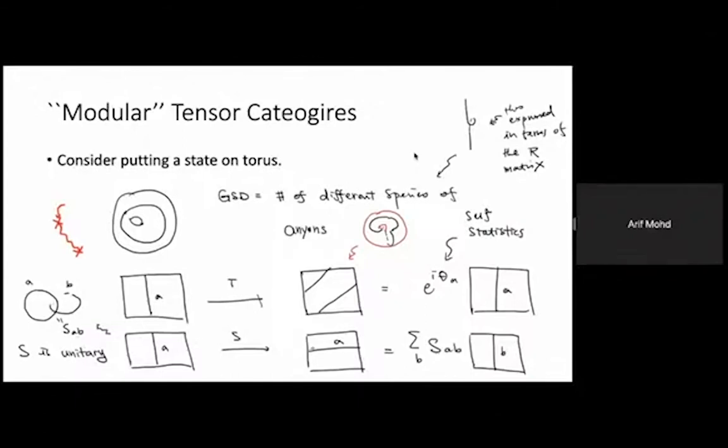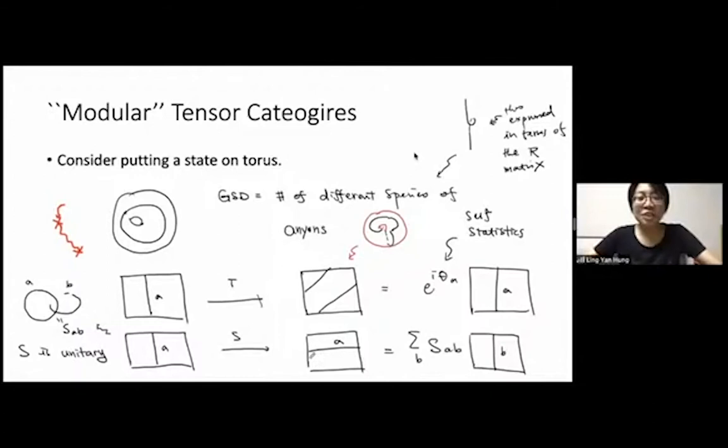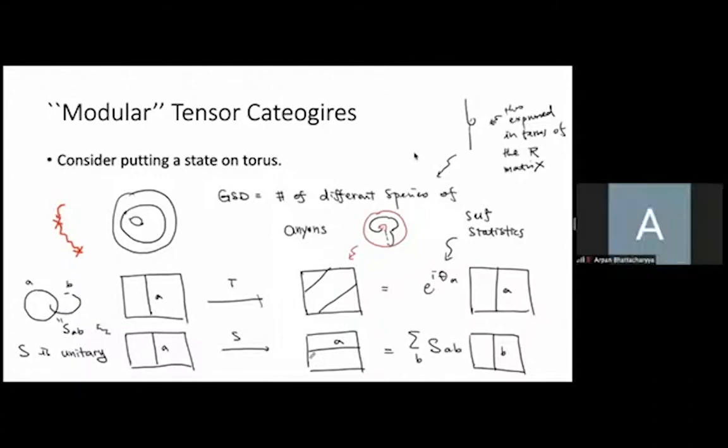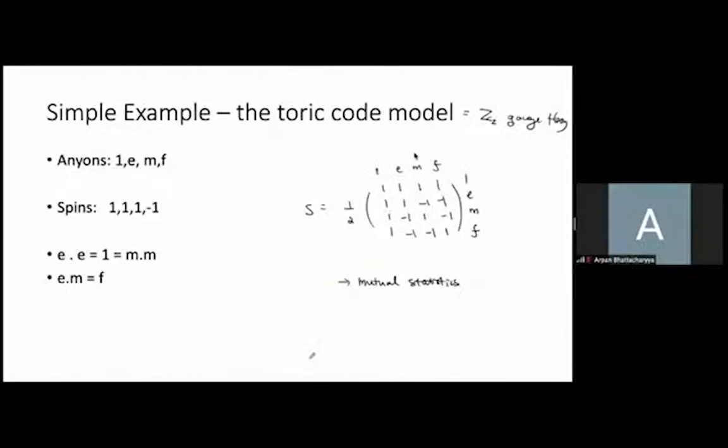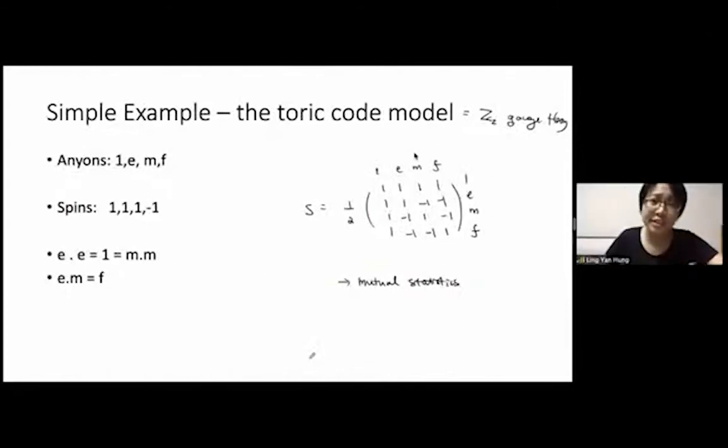Okay. So what I have described for you is the basic premise of a tensor category. Let me give you one very simple example that I'm going to use again and again. This is the so-called Z2 toric code. The easiest way to understand this model is that it is really a Z2 gauge theory. You have the trivial sector, which is just the vacuum.